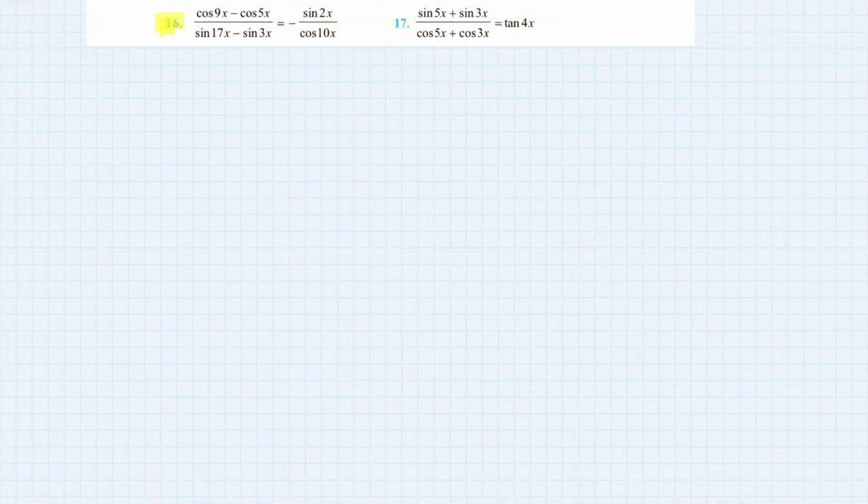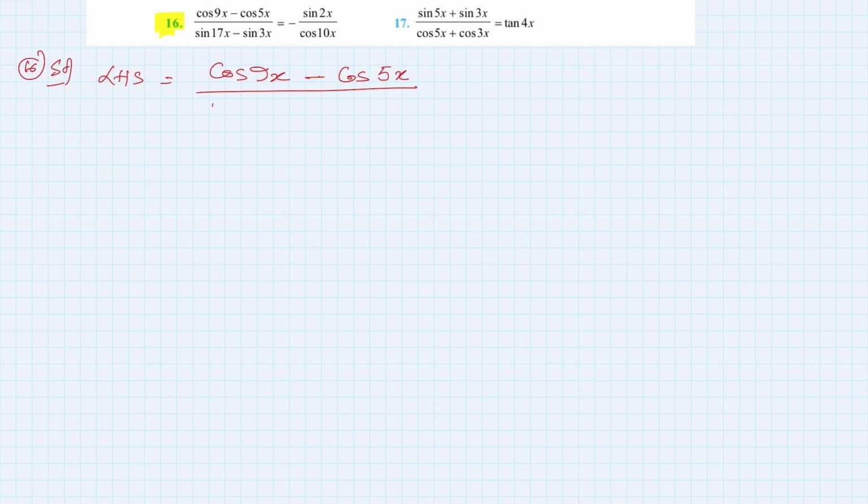Now let me show you how to solve question number 16. So what is the left hand side here? Cos 9x minus cos 5x by sin 17x minus sin 3x.